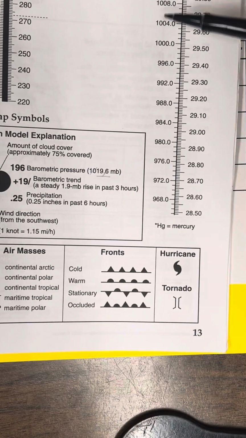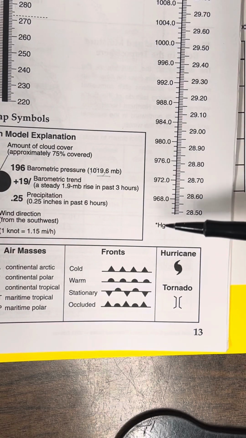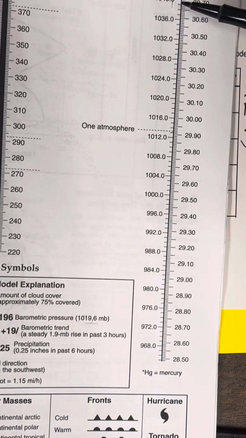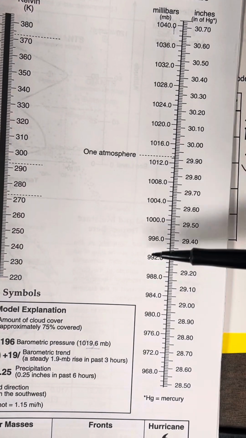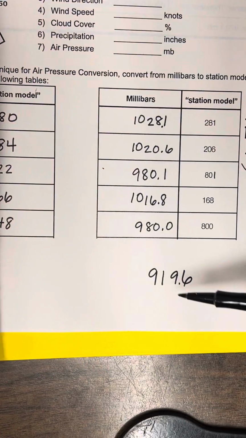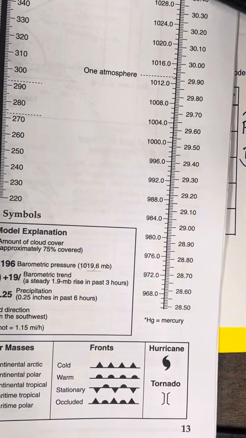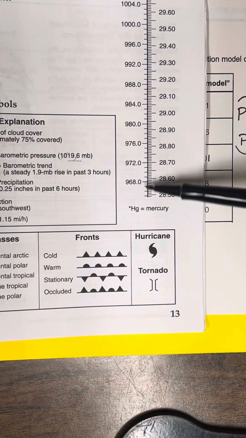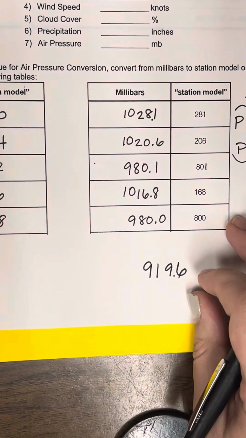That number's not on here. So that is one way you can check yourself to see if your atmospheric pressure number makes sense. Nowhere on Earth's surface are you going to have an air pressure of 919.6. The scale doesn't go that low. So those are two ways that you can check yourself.